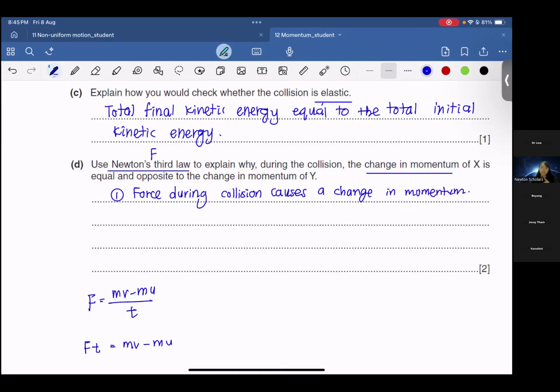Okay, force during the collision will cause a change in momentum. Why? Here, the second sentence that you can score the mark is: the force on the two objects or bodies are equal magnitude, same magnitude, and opposite direction.